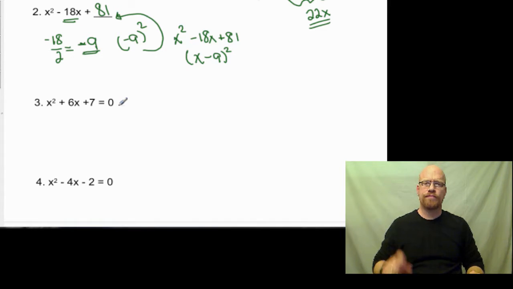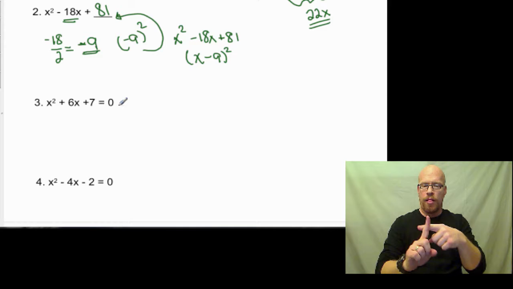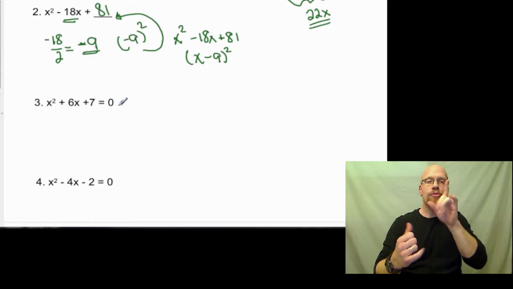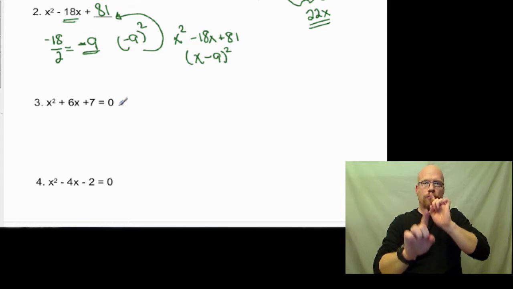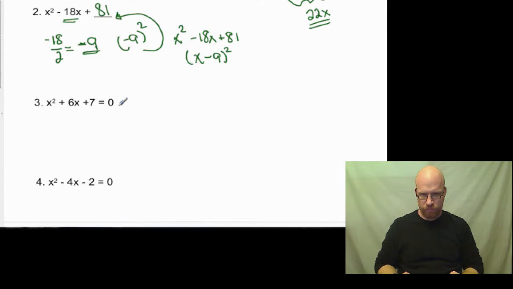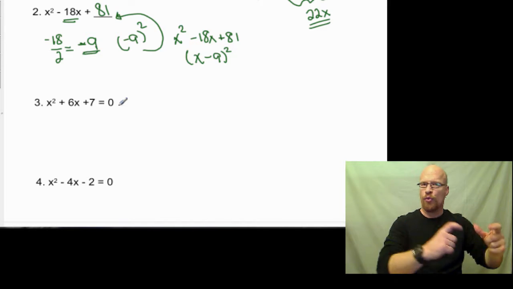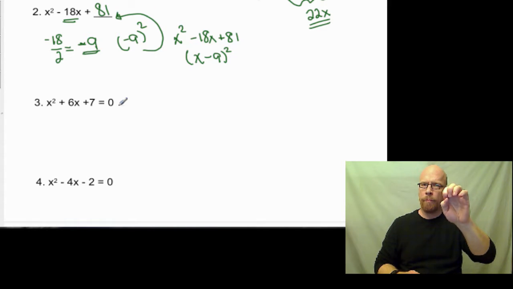Now, number 3, x squared plus 6x plus 7 equals 0. Now we're going to solve a quadratic by completing the square. This one is not a perfect square as it's written, and even worse, you can't even factor this one. It's prime.